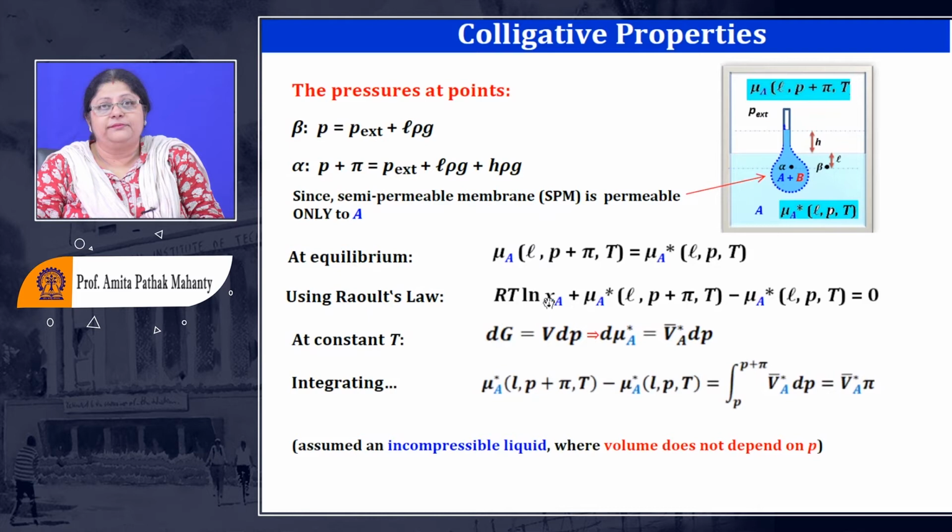If I write that and equate that to 0 using Raoult's law, then I can take this to this side, and I've expanded this. What do I get? I get an equation like this.